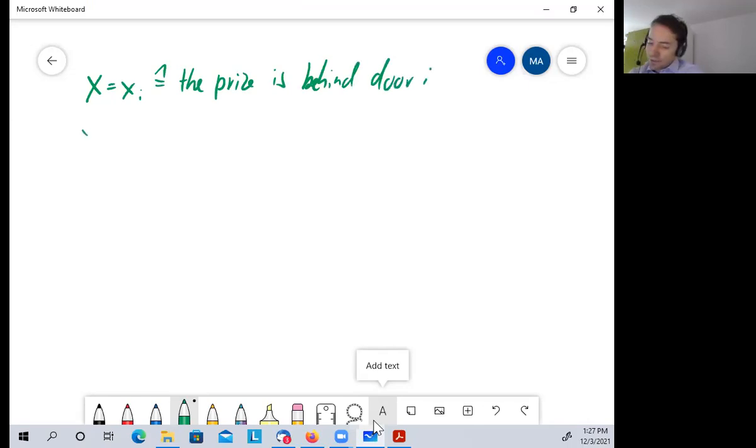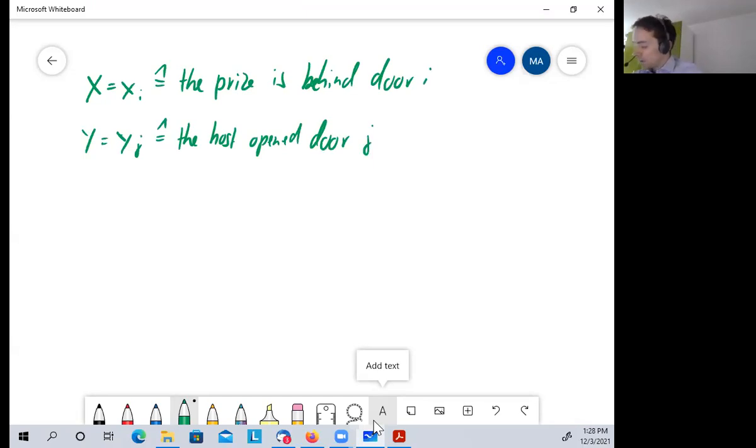Then we have another random variable y, and if its value is y_j, this corresponds to the host having opened door j. We assume that the game show has no bias, so the probability that the prize is behind any of the doors is always the same: 1/3.